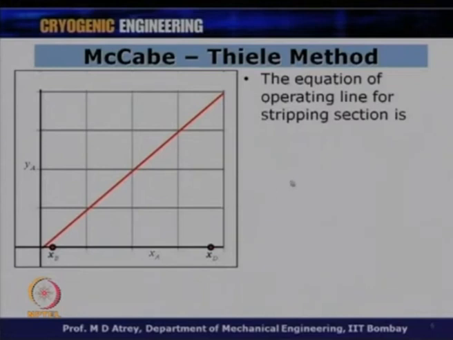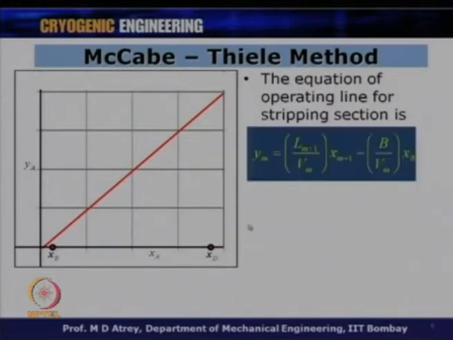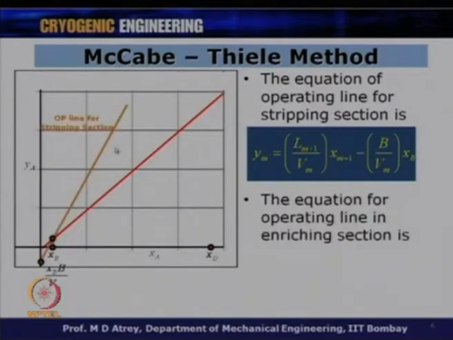The equation of the operating line for the stripping section is, this is what we had derived last time, Ym is equal to Lm plus 1 by Vm into Xm plus 1 minus B by Vm into Xb. This is the equation for the stripping line, and this is what we had plotted.